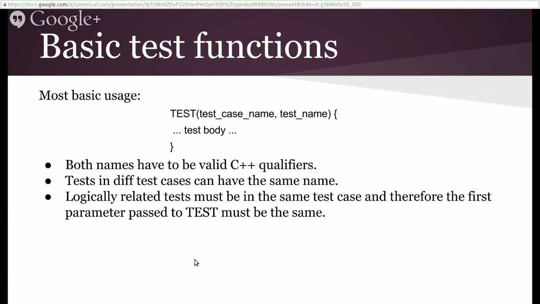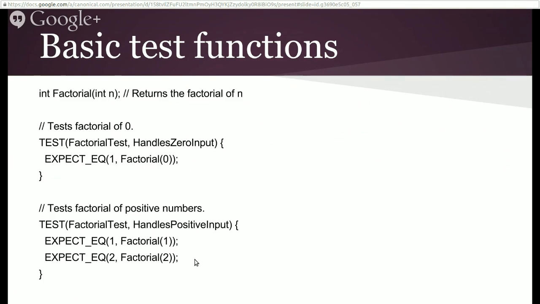So what's going to happen is that we're going to have the test case name being the test function A, and for example, different tests such as input is 0, and so on and so forth. An example of that would be a factorial function. It's going to take a number and return a number, and we have different cases to test against.